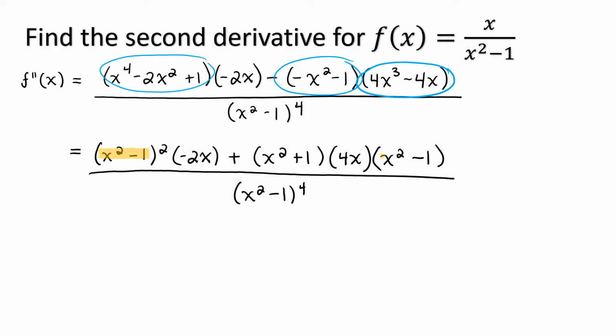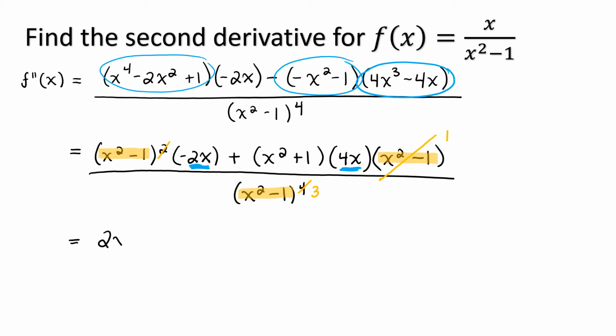Both terms in our numerator have at least one x squared minus 1. And our denominator also has an x squared minus 1. So we can divide out one of those x squared minus 1s. So this one will divide out completely. We'll have 1 left for this term, and we'll have 3 left in the denominator. I also see that there is a 2x in common between each of these terms, so I can factor out a 2x.